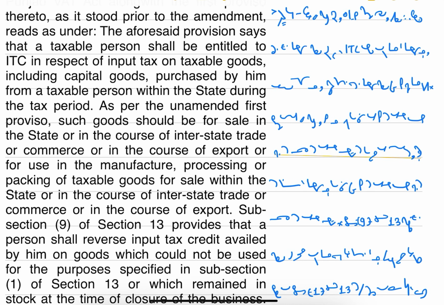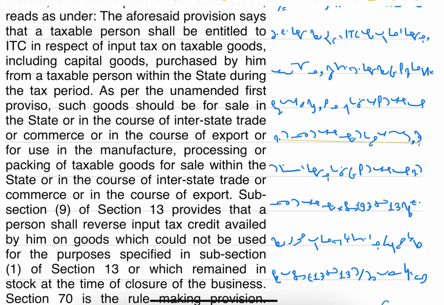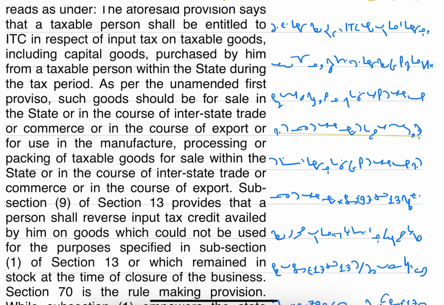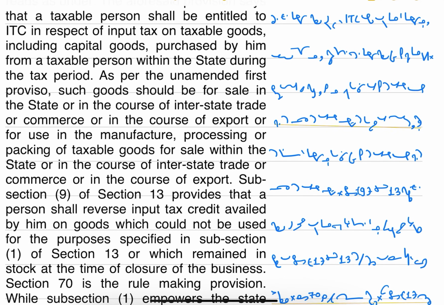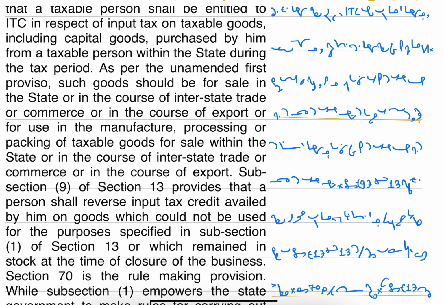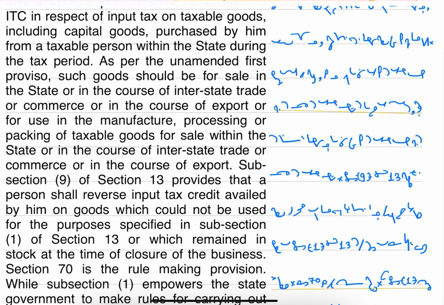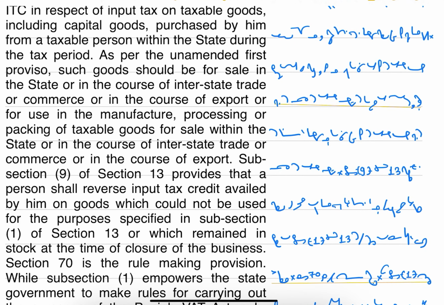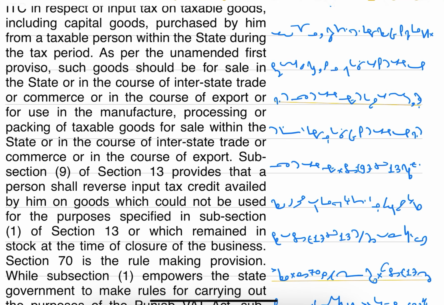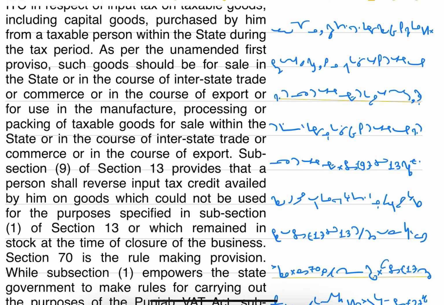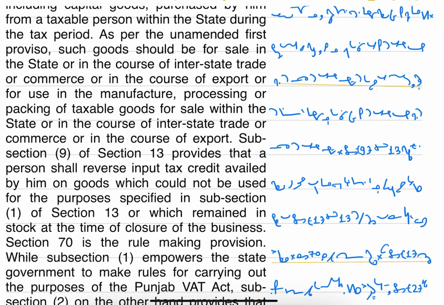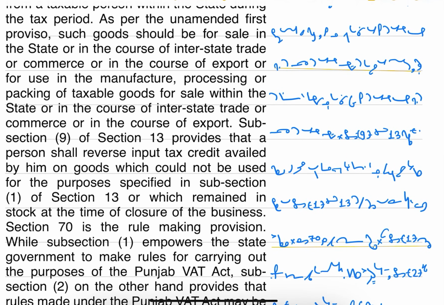As per the unamended first proviso, such goods should be for sale in the state or in the course of interstate trade or commerce or in the course of export or for use in the manufacture, processing or packing of taxable goods for sale within the state or in the course of interstate trade or commerce or in the course of export.